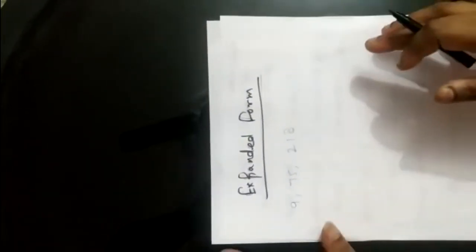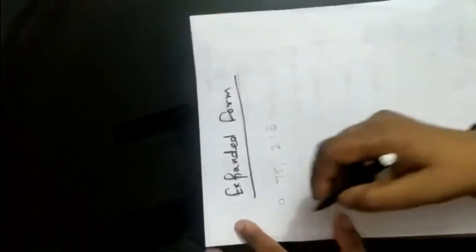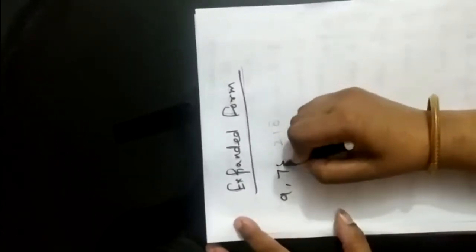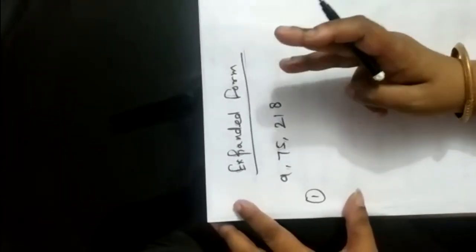Now children, there is another point, that is expanded form. Expanded form I have taught you. Expanded form means the sum of the place values of all the digits of the number. For example, 975218. We can write this number in three types of expanded form.